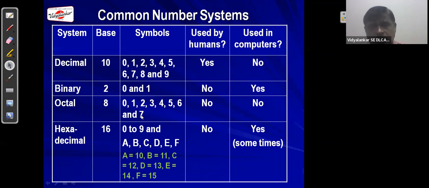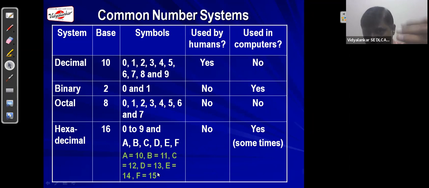Those digits do not exceed 9. In hexadecimal, we go up to 15. So the probability of confusion in octal is less.